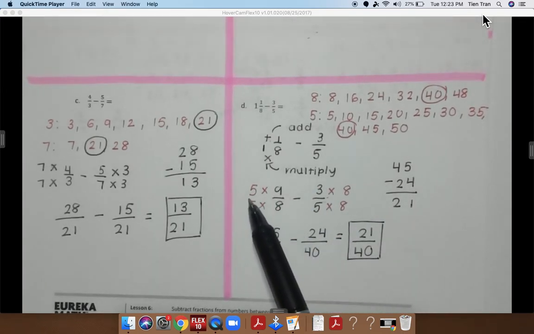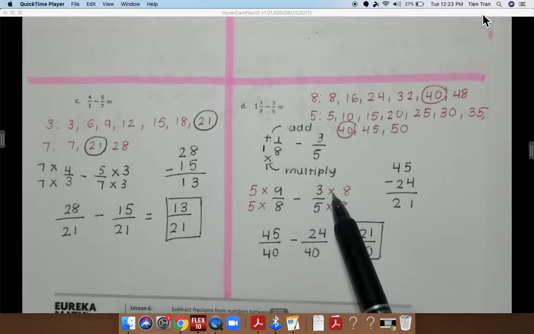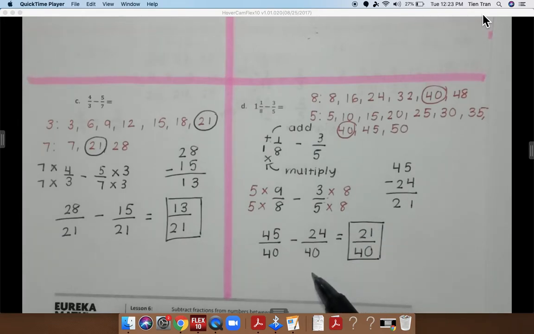So what I did here: 5 times 9 is 45, 5 times 8 is 40, 3 times 8 is 24, 5 times 8 is 40, 45 minus 24 is 21/40. So that is my least common denominator or simplified form. I can't change that. So that's all there is to that one.